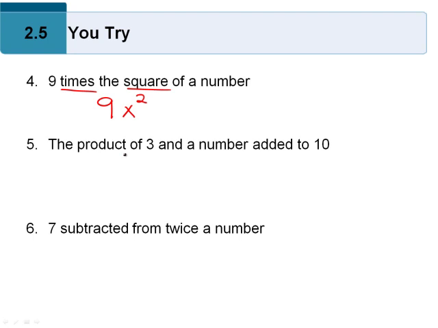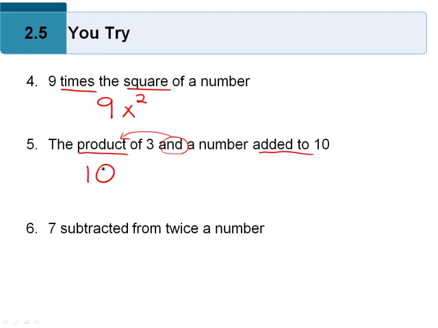Okay? Look at number 5. The product of 3 and a number added to 10. Okay, so this one's a little tricky because you have to be very careful here. We have the product, and remember it's the product of something and something else. So we have the product of 3 and a number. And then that's added to 10. So here's the thing. This whole first part, the product of 3 and a number, is added to 10. So 10 has to go first.